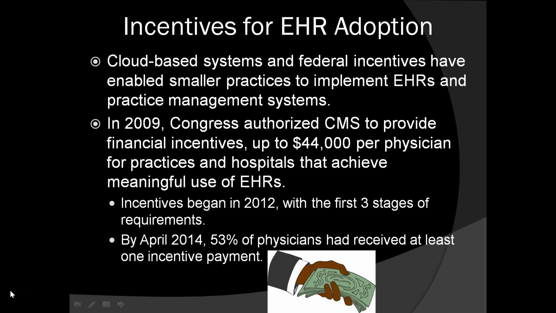Incentives began in 2012 with the first three stages of requirements. By 2014, 53% of physicians had received at least one incentive payment. When this first came out, few small practices had the time or money to undertake a disruptive IT implementation. Plus, small practices had limited potential to gain efficiencies through workflow design.